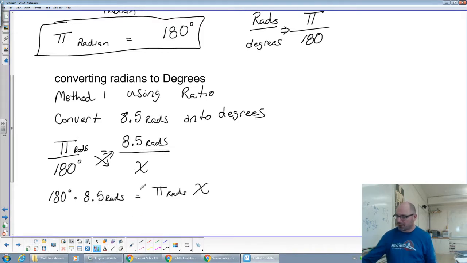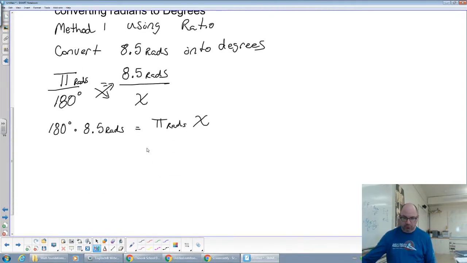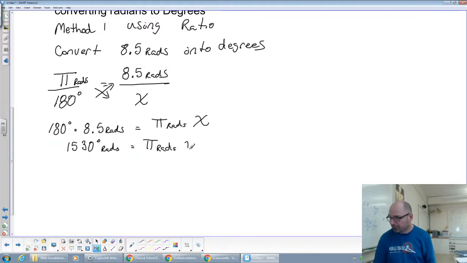So we'll move that up so we can see it a little better. Okay, so if we do it this way, 180 times 8.5 gives us 1530 degree rads, equals pi rads x.